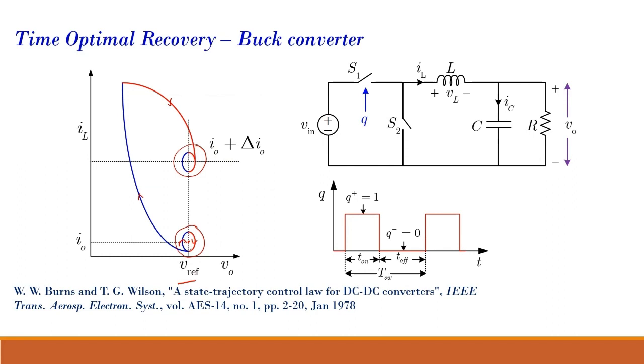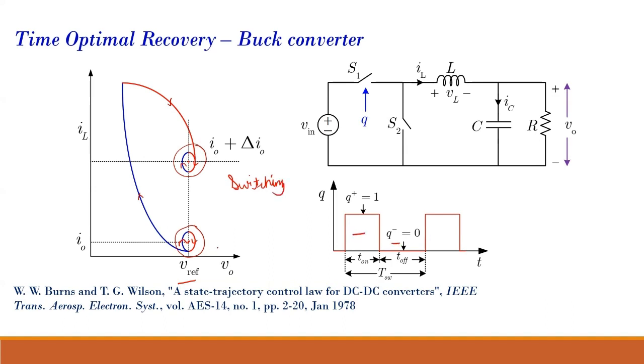Then when I move to the new operating point, the average value of my waveforms will be at this operating point, but at all instants the inductor current and output voltage vary around this point. That is how the buck converter and boost converter work. They are a switching system, either on or off.